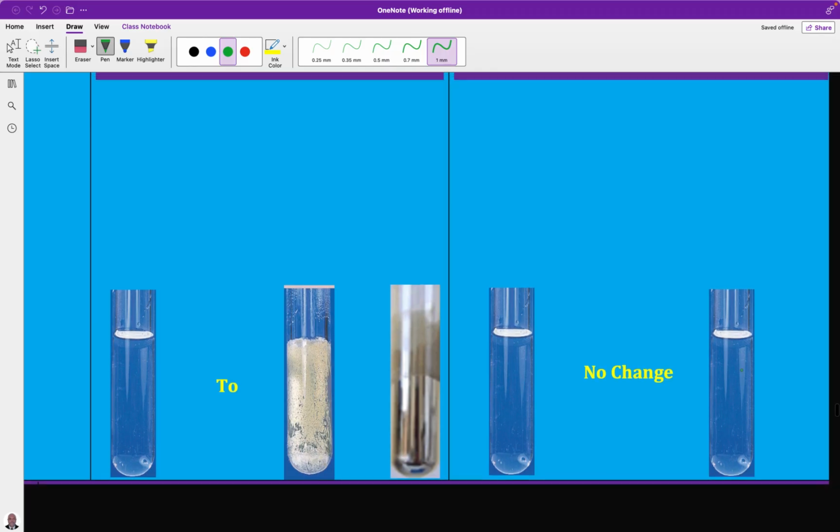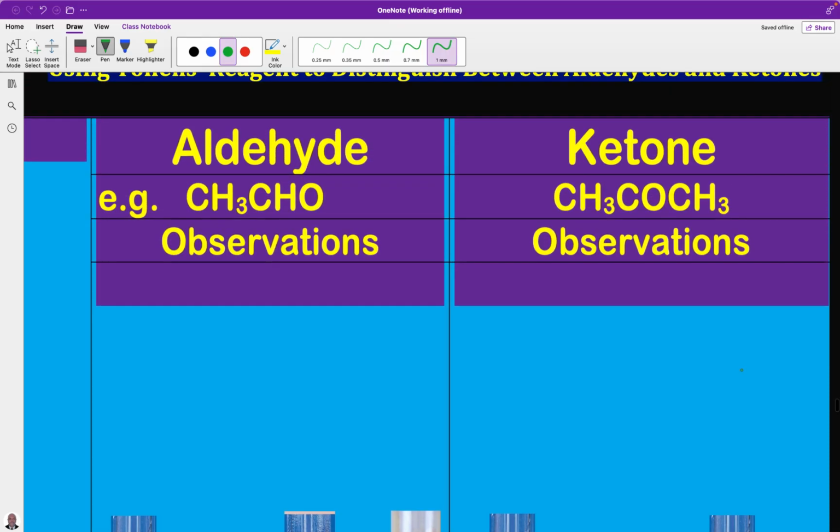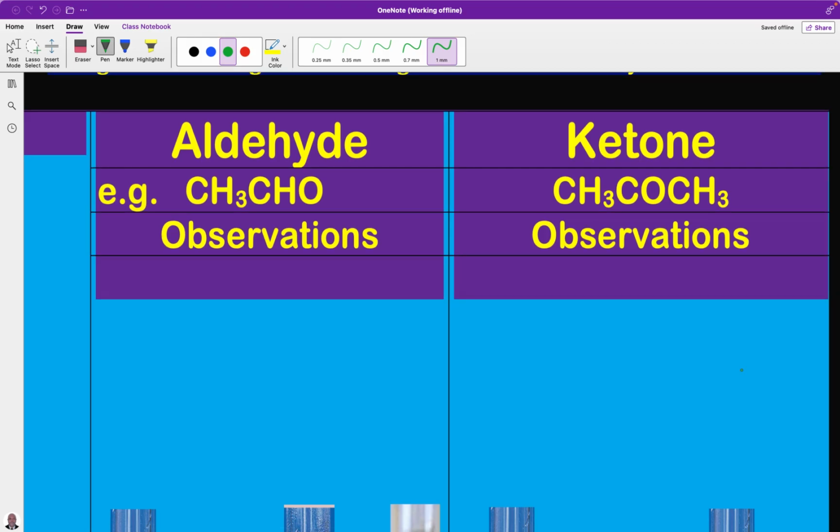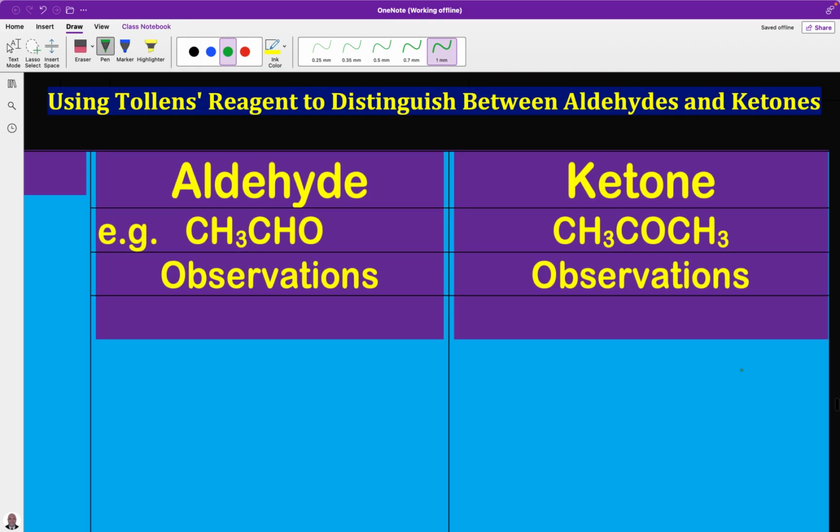You will see the results. Remember, Tollens reagent is a complex. It is the diamine silver 1 ion.